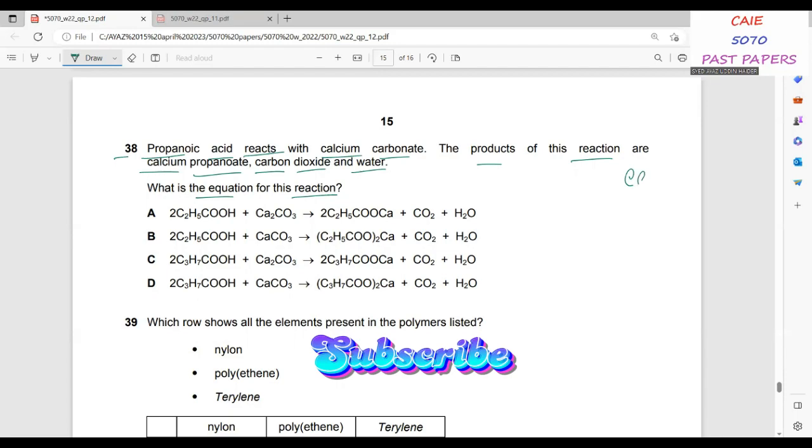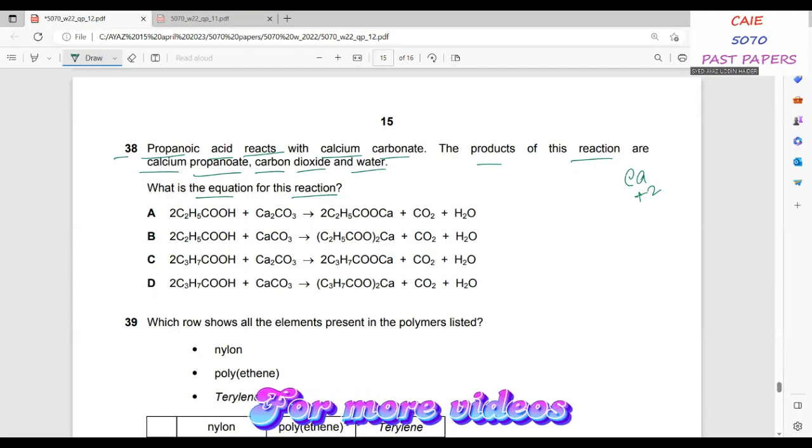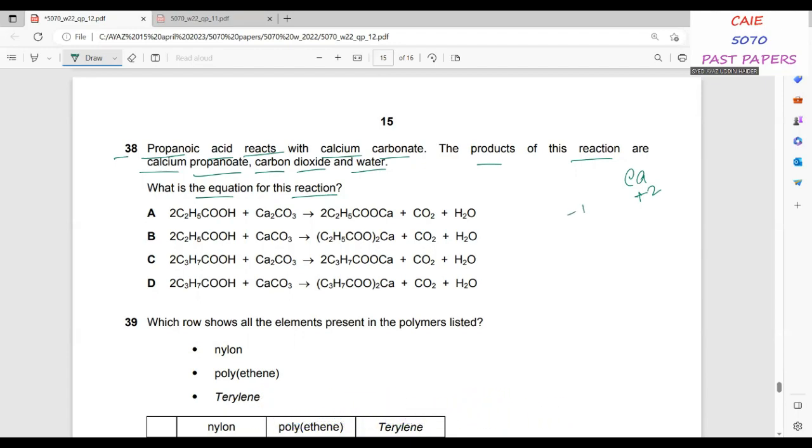Calcium belongs to group 2. It must carry +2 charge, and the carboxylate ion must carry -1 charge. So we have propanoic acid here, so it must be C2H5COO. If you work out the formula here, ignore the charges.